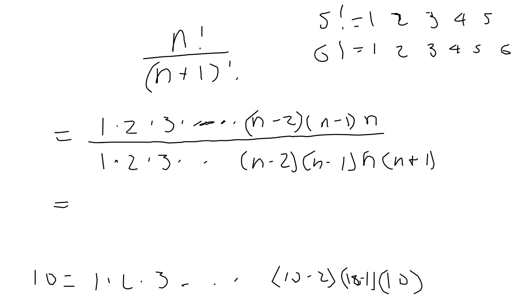What's 10 minus 2? 8. What's 10 minus 1? 9. Those are the numbers that come before 10: 1 times 2 times 3 times 4 times 5 times 6 times 7 times 8 times 9 times 10. The 10 minus 2 is 2 numbers before the 10. I understand. Okay, right. So the n minus 2 and n minus 1 represent numbers that come right before n. Now the n plus 1 is the extra number, because remember, when you're doing a factorial, you multiply from 1 right up to that number.